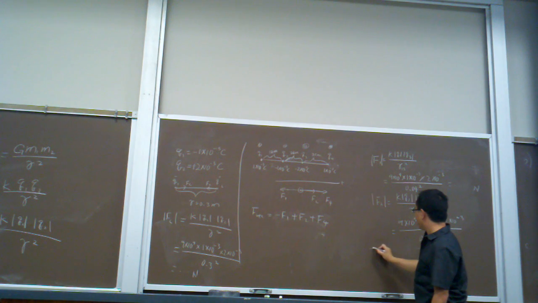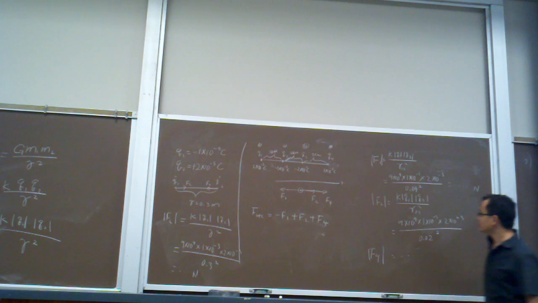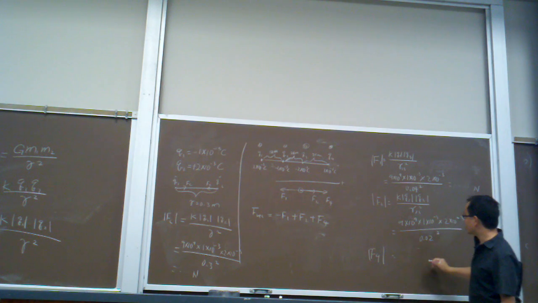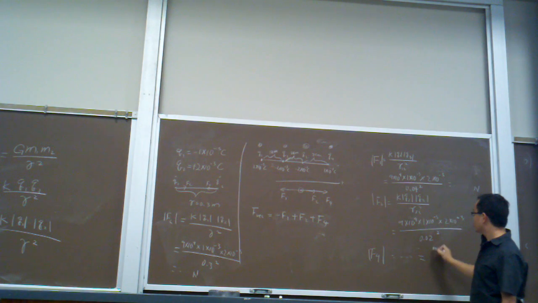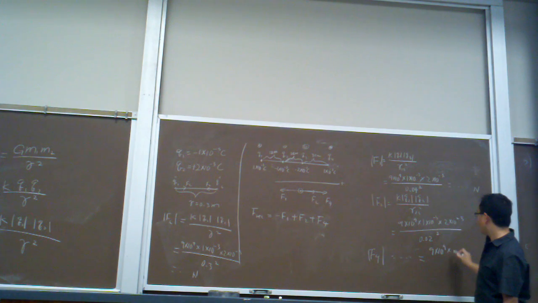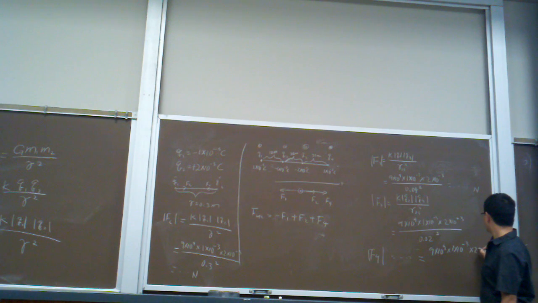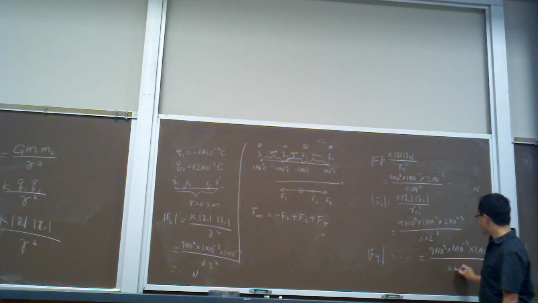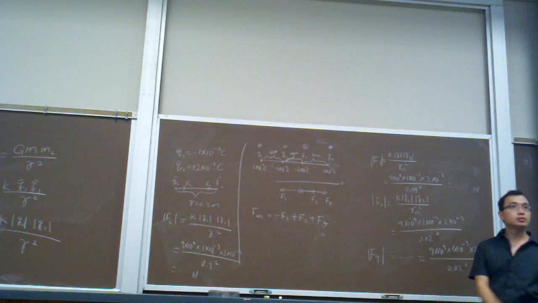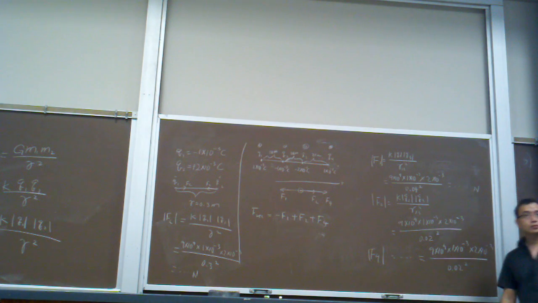And then for F4, you can do the same thing: 9 times 10 to the power of 9 times 1 times 10 to the power of negative 3, times 2 times 10 to the power of negative 3, divided by again 0.02 squared. Question?